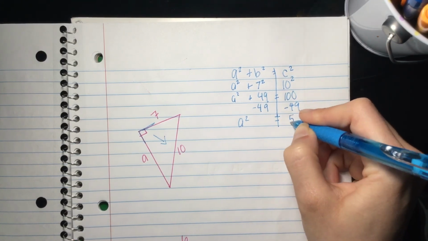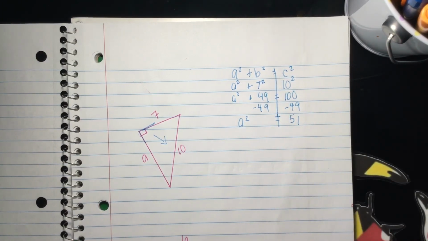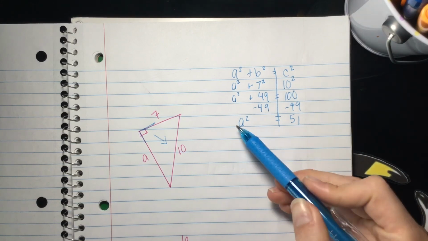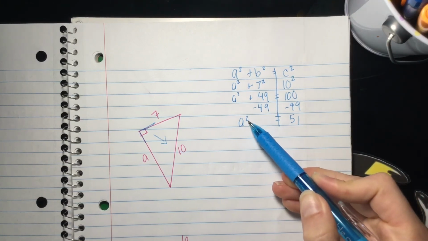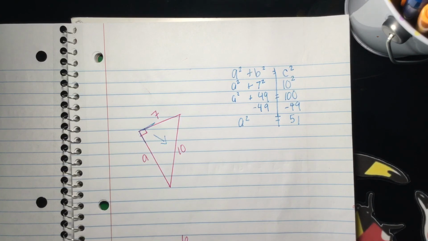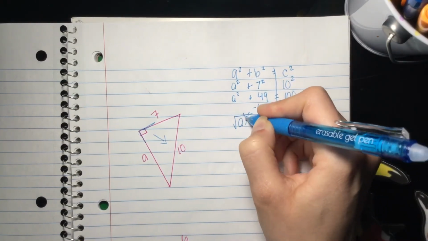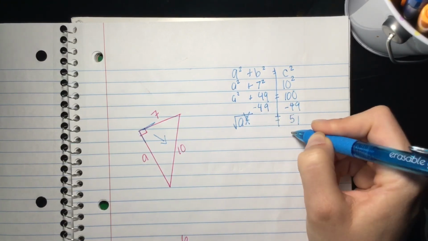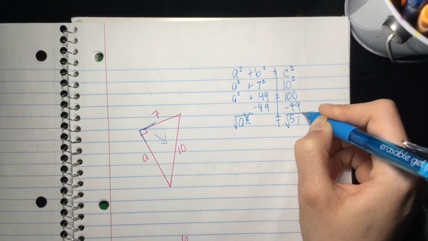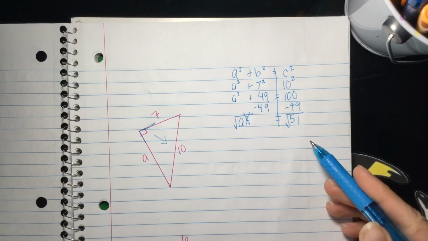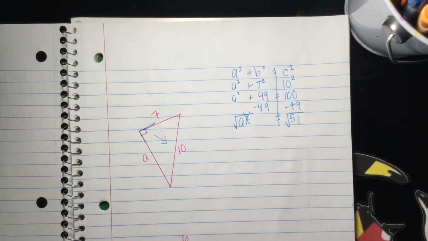And that is 51. Okay, now to get rid of our squared, we need to square root it. So we put our radical above, that gets rid of the square. And whatever we do on one side, we also do to the other side. Now, is 51 a perfect square?